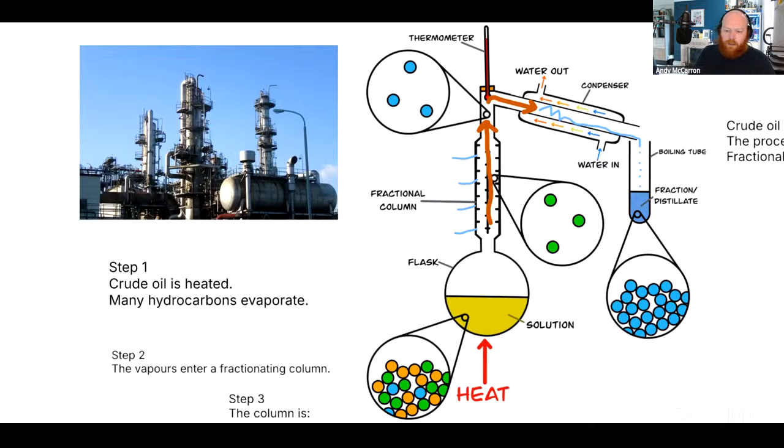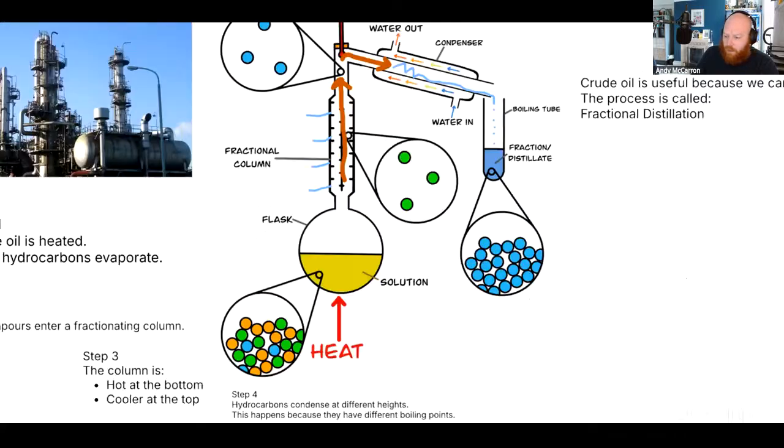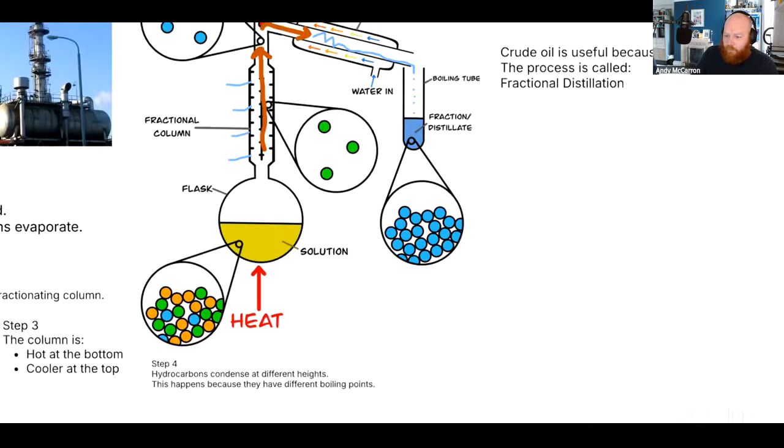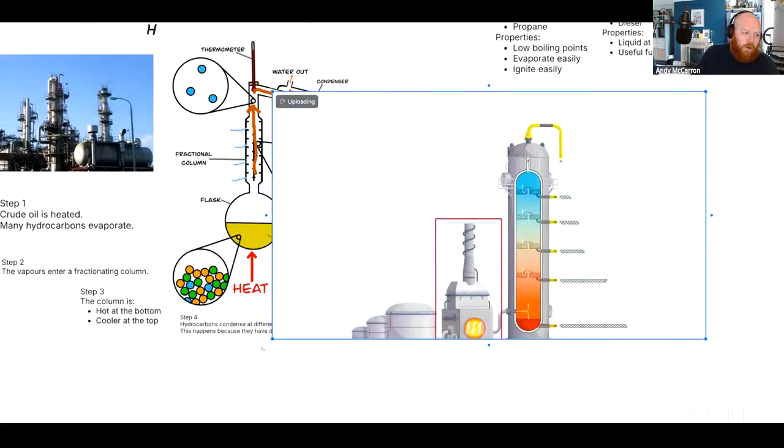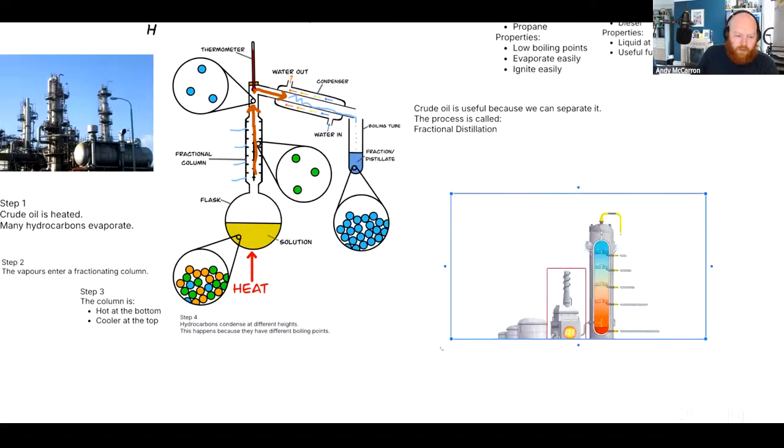So when we're looking at fractional distillation, we look at an example where I like this picture from the Royal Society of Chemistry. This is what it would actually look like in industry.